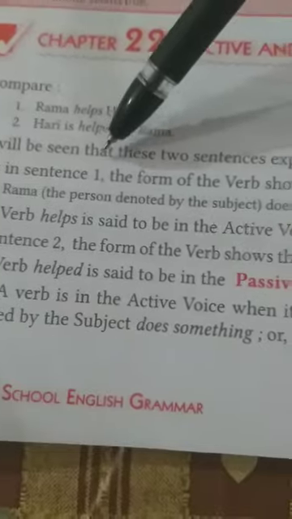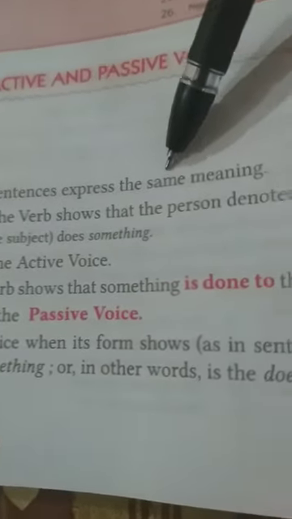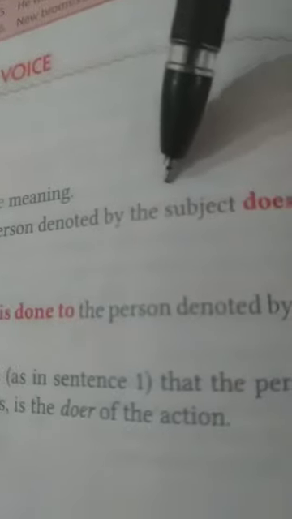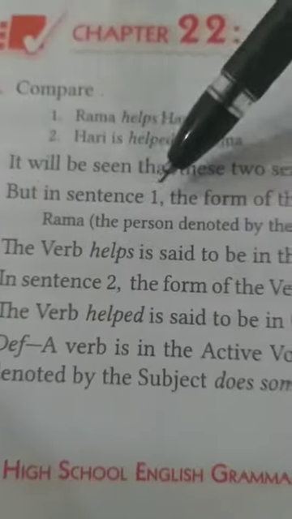But in sentence 1, the form of the verb shows that the person denoted by the subject does something, but in sentence 2 the subject does not. Okay, so here the subject does something means the subject is doing something.